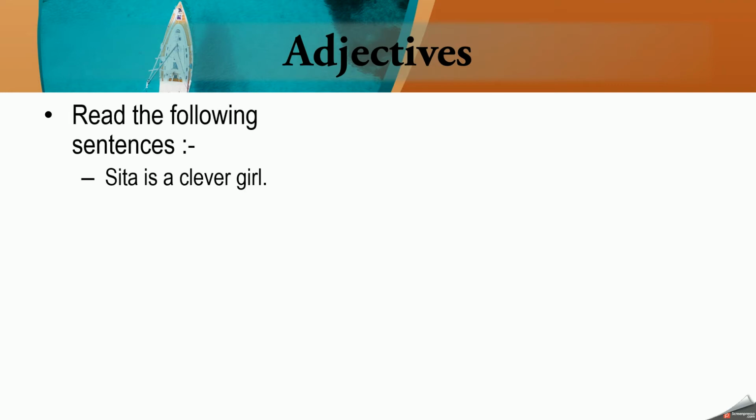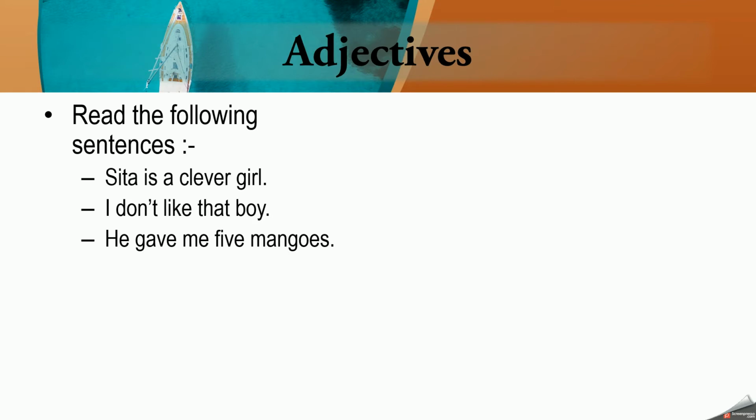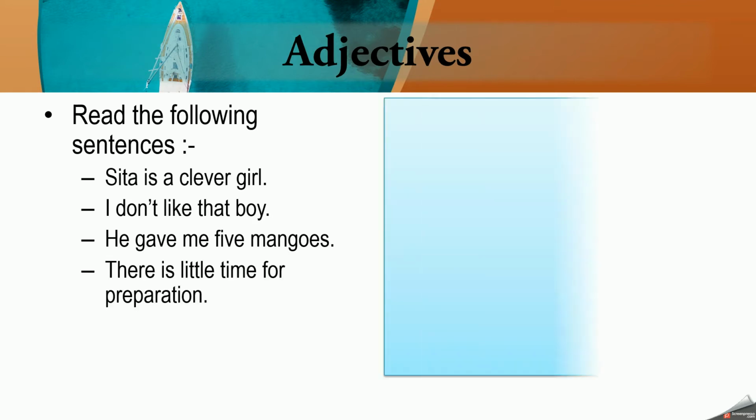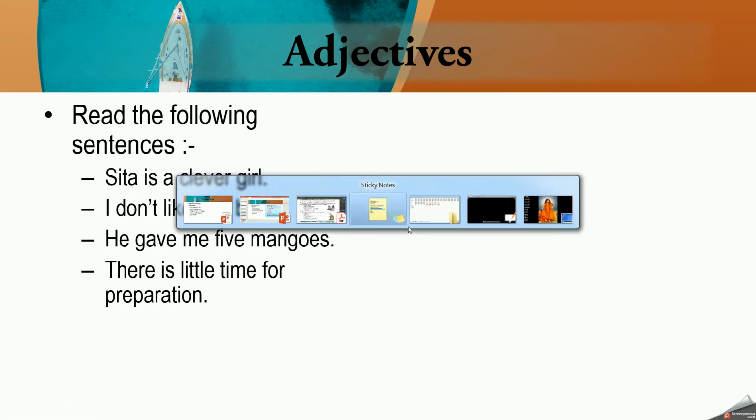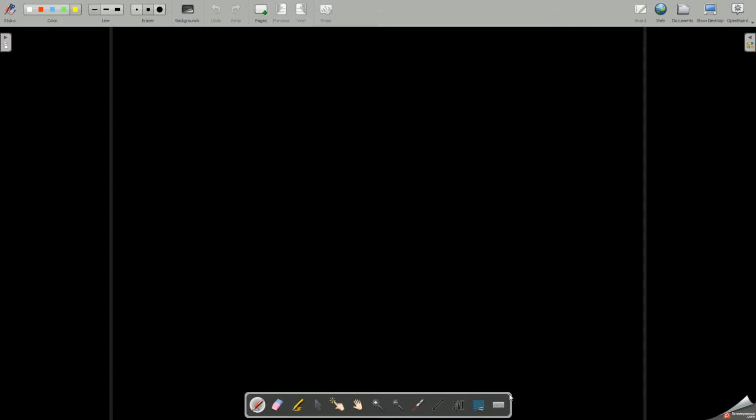For example, if I check out these sentences: Sita is a clever girl. I don't like that boy. He gave me 5 mangoes. There is little time for preparation. I'm going to write these statements over here.